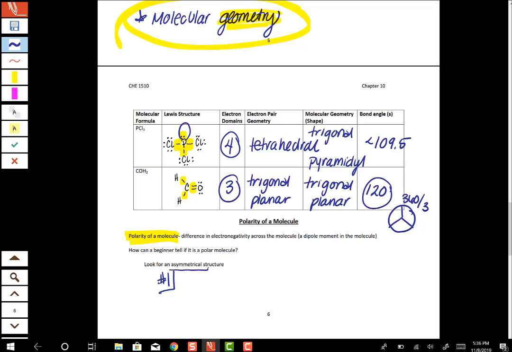One way to have an asymmetrical structure is to have lone pairs on the central atom. And way 2 is to have different atoms attached to the central atom that have varying electronegativity. So atoms with different electronegativity attached to the central atom.